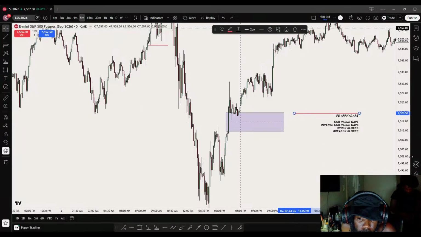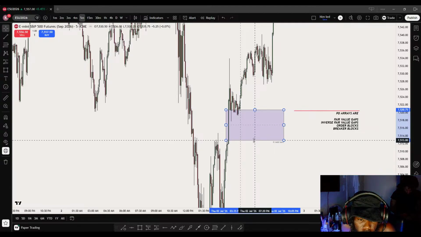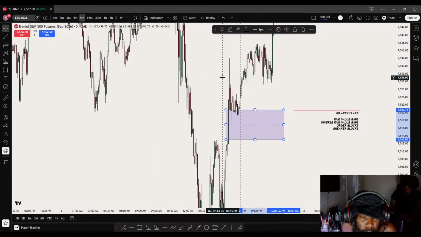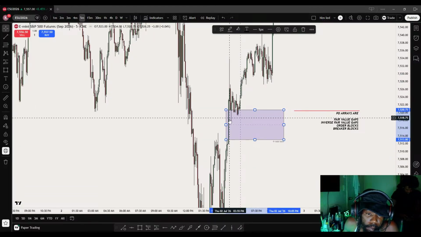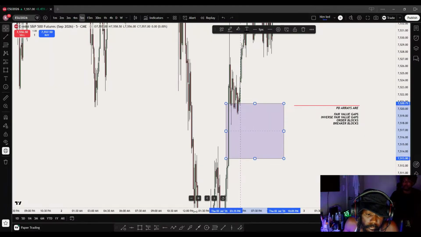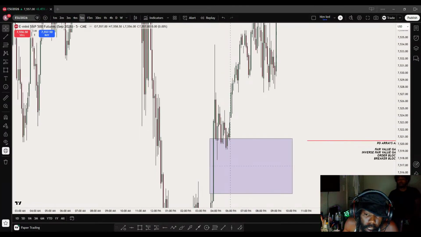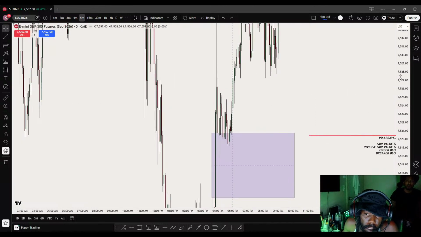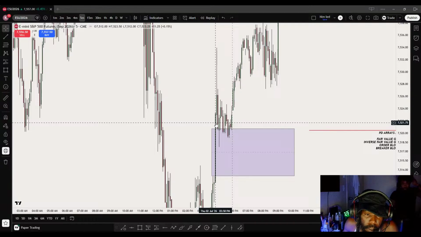PD arrays are fair value gaps. Now right here, I got a bullish fair value gap drawn. After the PD array is created, we got the bullish fair value gap here, and when price is up here, we got the fair value gap that's made.